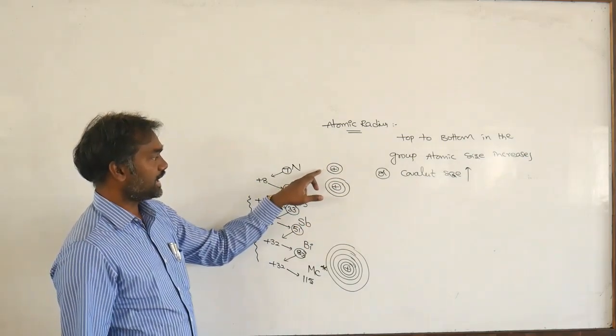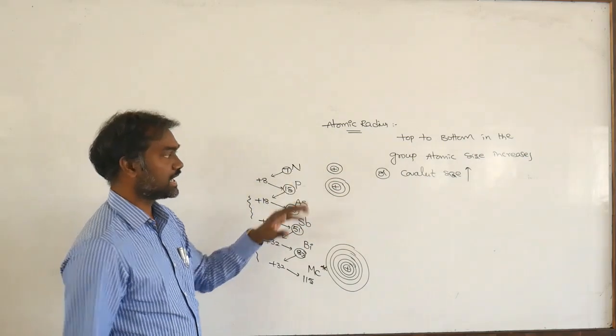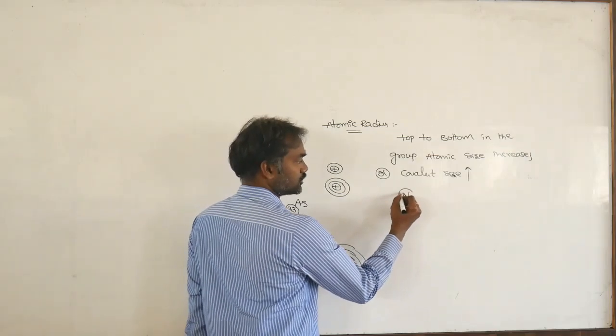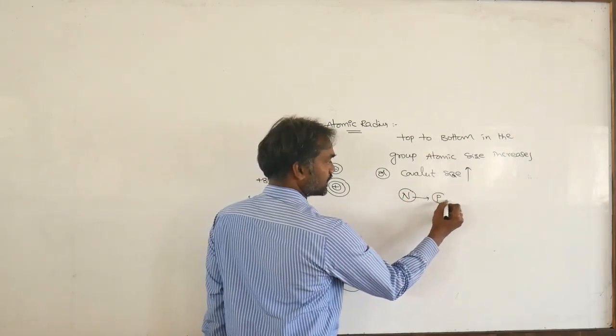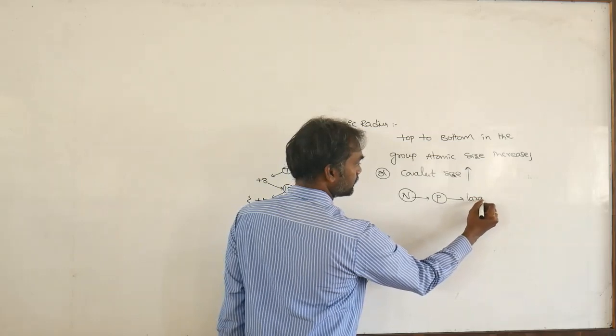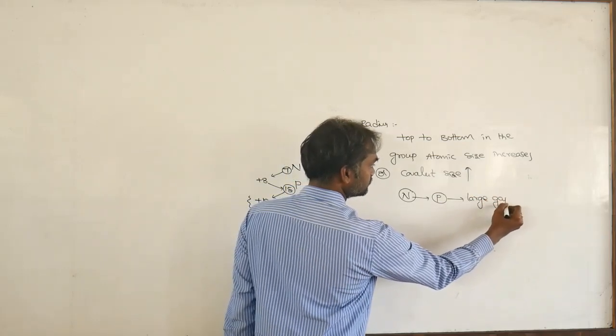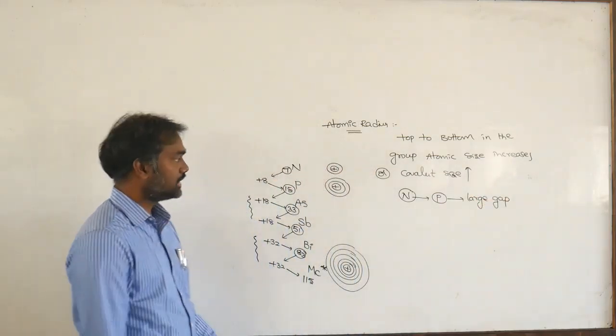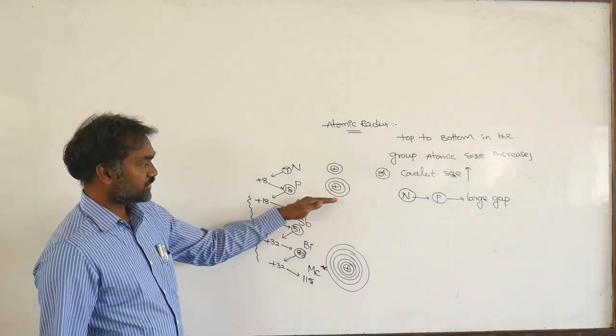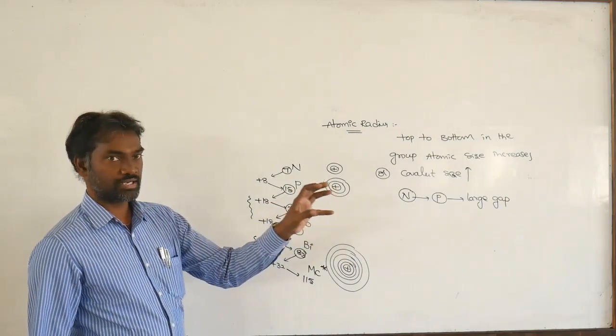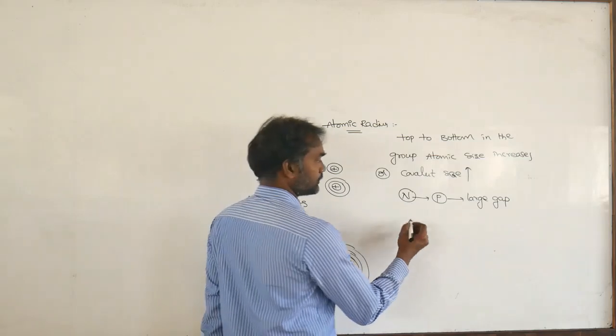Suppose you see nitrogen to phosphorus, a large gap is present. Next, from phosphorus the size also increases, but the gap is not that much.